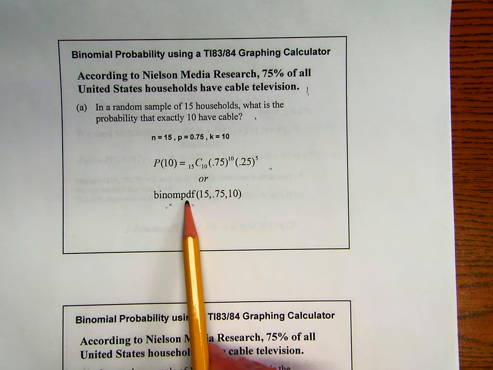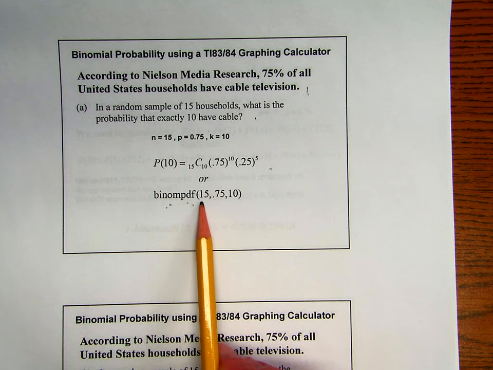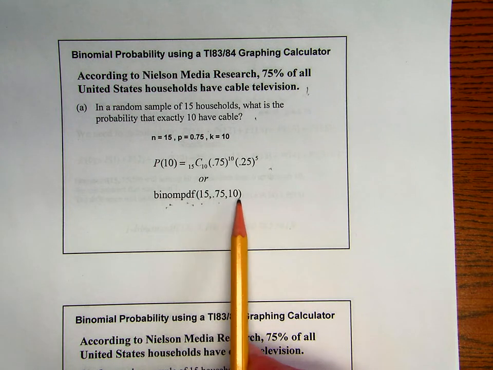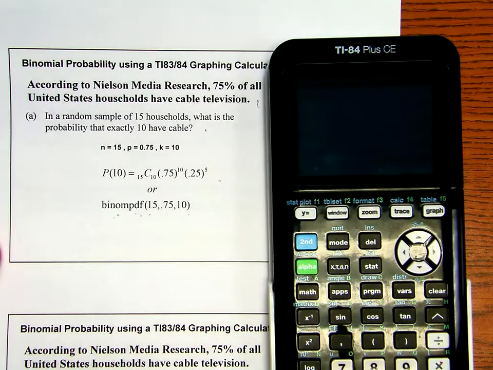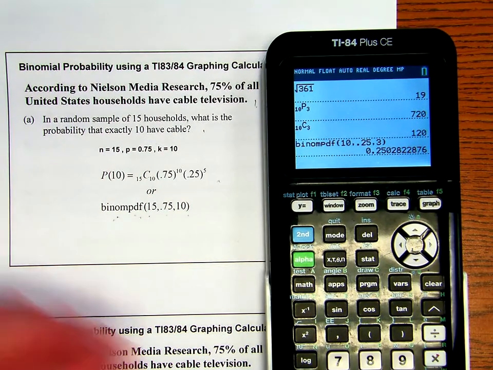PDF is referring to finding exactly one as opposed to a sum of them. Number of trials, probability of success, number of successes you're interested in. It's kind of weird, this slide doesn't have the answer. Type that in real quick.